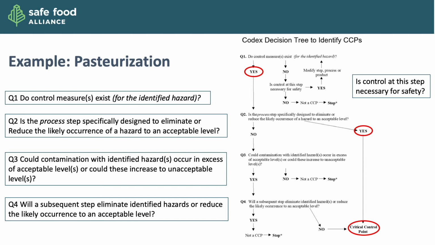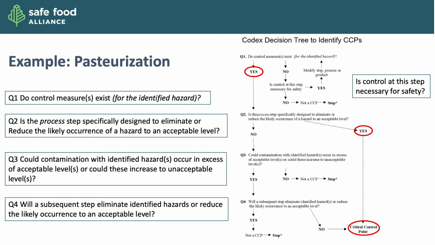There is a certain amount of control. We don't yet know whether that control is absolutely critical to the process, but that's something that you would have to know with the nature of the product, what your expectations and outcomes and goals for those outcomes would be with your process. Now to question number 2, is the process step specifically designed to eliminate, or in this case pasteurization would absolutely reduce the likely occurrence of the hazard to an acceptable level?